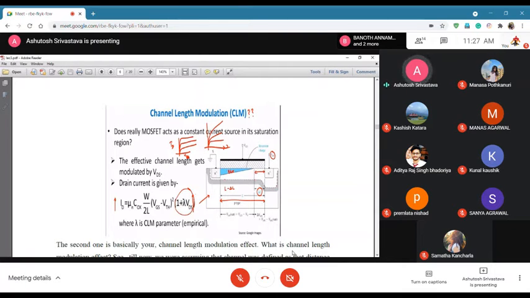New types of geometries, transistor configurations and materials are used so as to overcome the challenges coming due to the scaling. So this kind of transistor is valid up to say 32 nanometers.